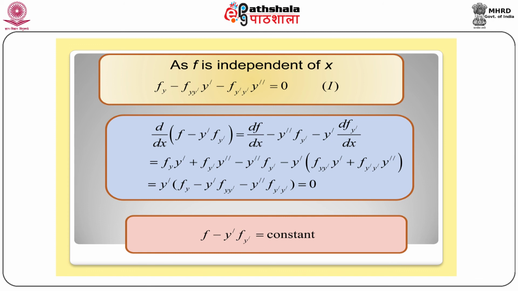So, one can conclude that f minus y' into f_y' equal to constant. f_y' means first order partial derivative of f taken with respect to y', where y' is nothing but d/dx operated on y.